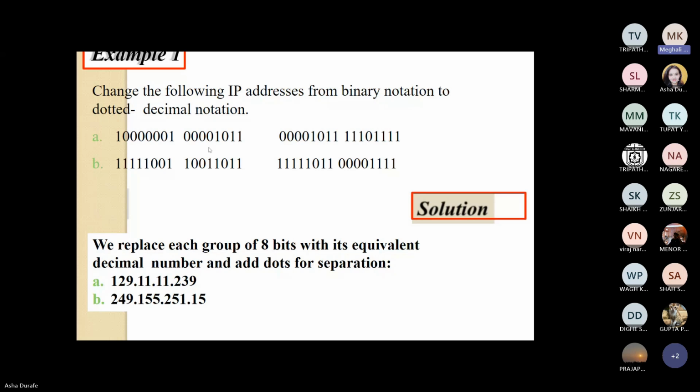So you have to just go on converting all these 8 bits one after the other, and you will get the dotted decimal notation for these IP addresses. All of you note down at least one example out of it and try to convert it on your own, and just verify the answer which is given in the slide.